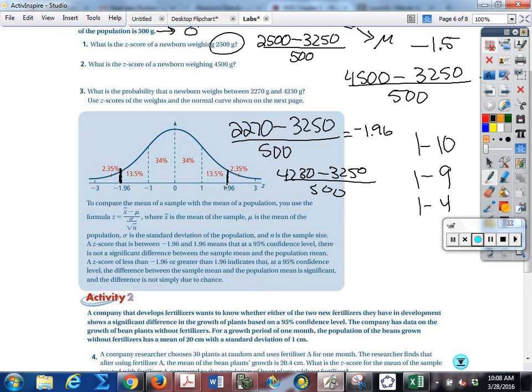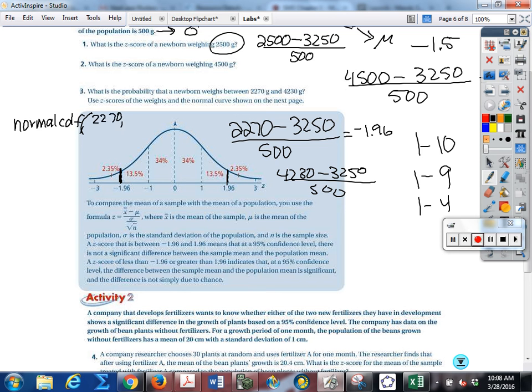If not, remember we have that normal CDF, and I could put in 2270, 4230, put in the mean and the standard deviation, and it would tell me the percent of them that fell between there as well.